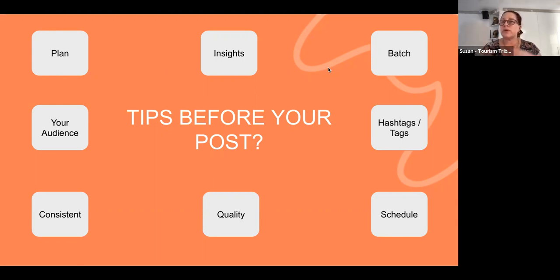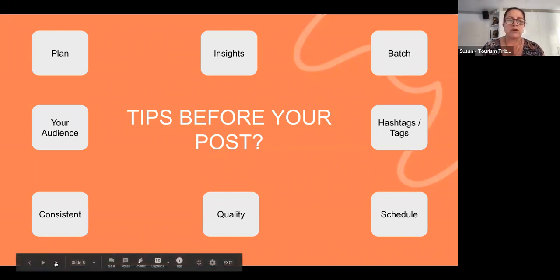So just make sure that you're keeping an eye on those different posts and that you're on top of it in that respect. Just because you schedule doesn't mean you haven't got anything to do. You still need to monitor those posts and just be aware of those.